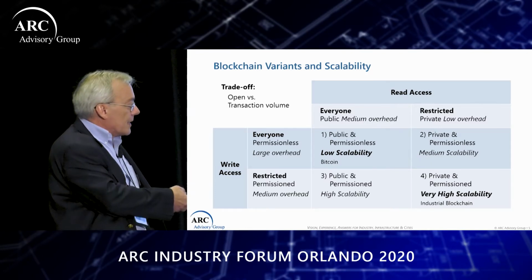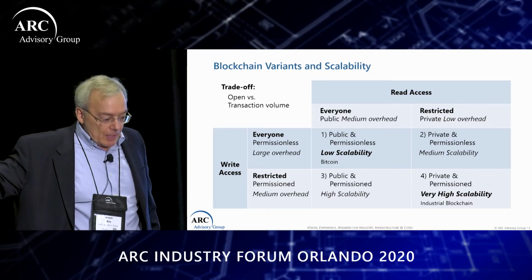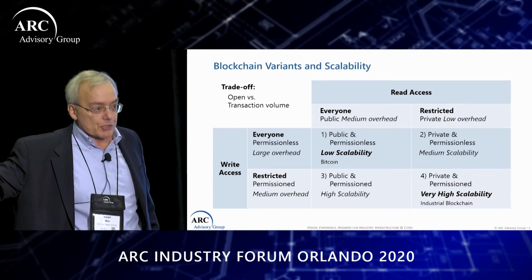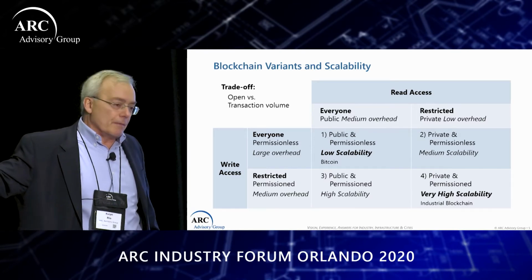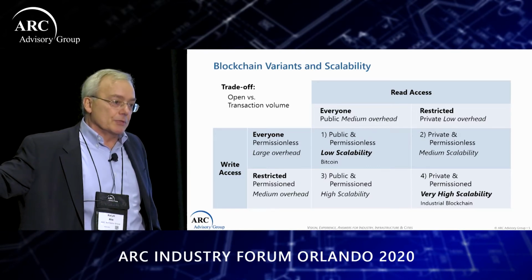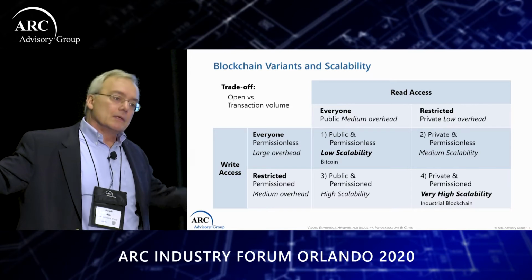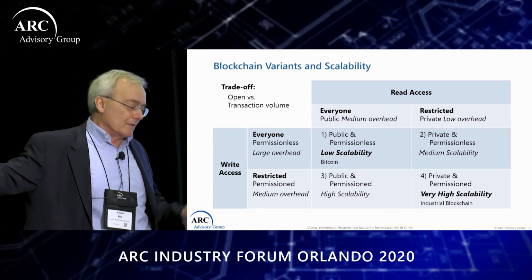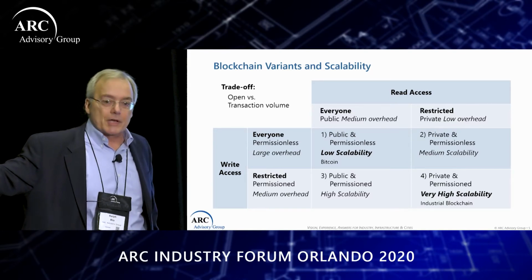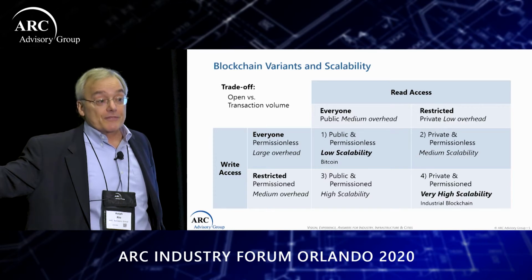In industrial blockchain, if you look at a full production supply chain, and this could be from fresh vegetables to the retail store, the Walmart supply chain, for example, when it's in full production, now it isn't quite there yet, that could need as much as 5,000 transactions per second.